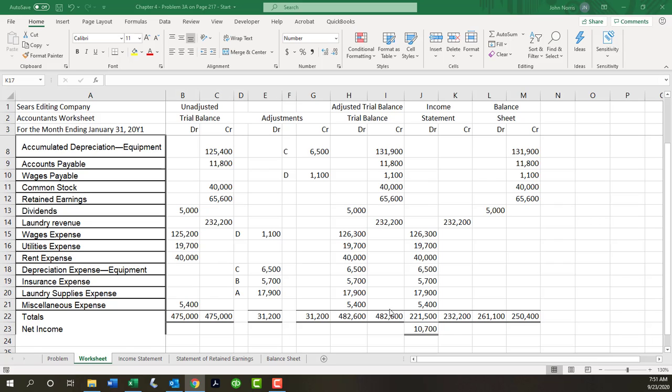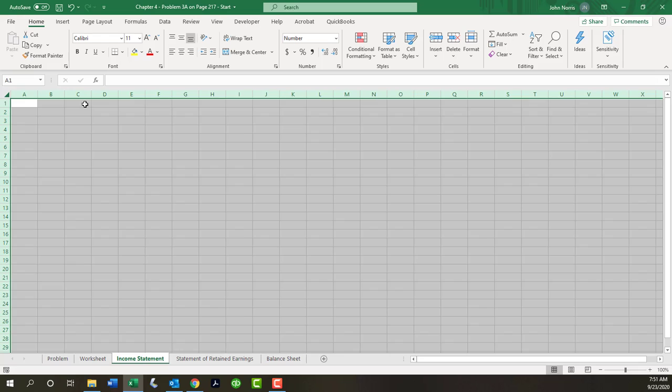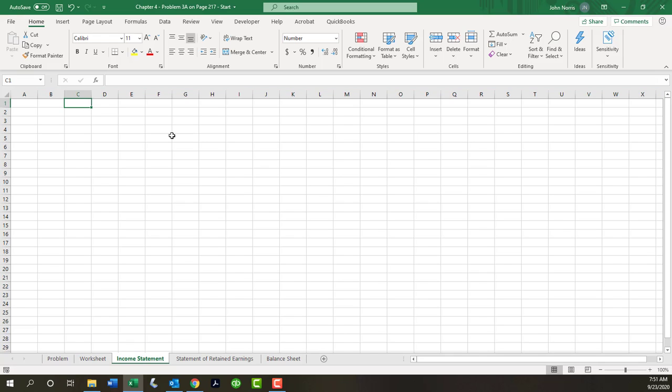So now we're going to do an income statement. So this is Epicenter Laundry. This is the income statement.